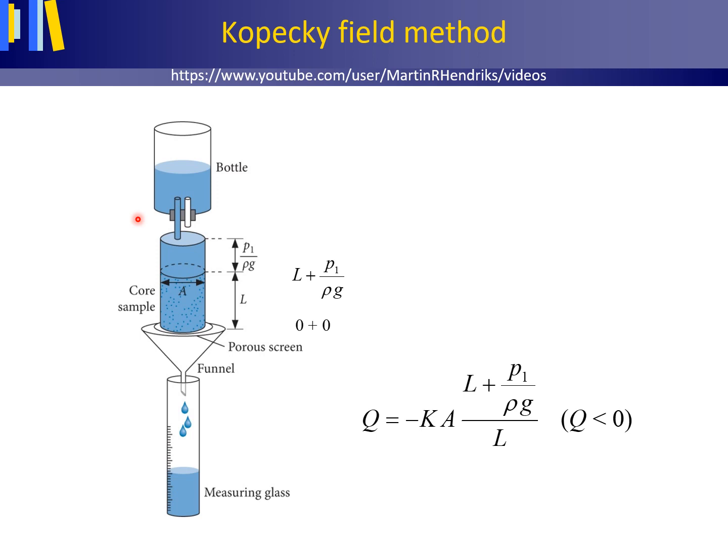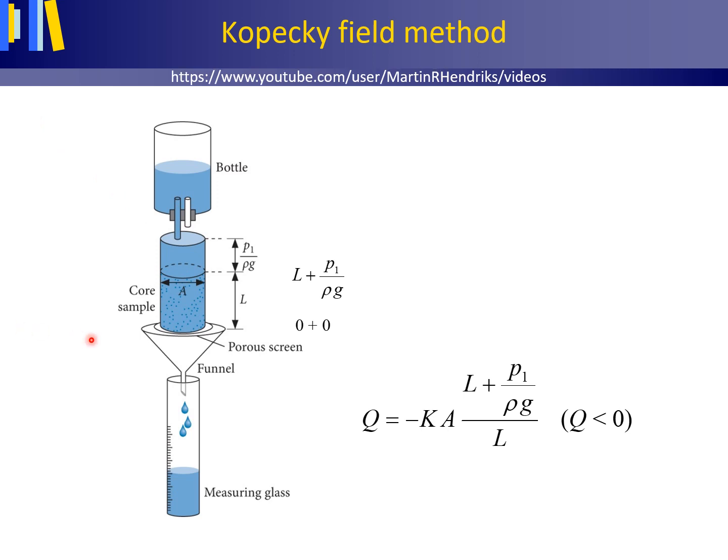Note that the water flow through the subsoil sample is downward, and that Q, the volume flux, thus has to be assigned a negative sign. As outflow from the subsoil core sample is under existing air pressure, the pressure head at the water dispatching end of the subsoil sample equals 0 meter.